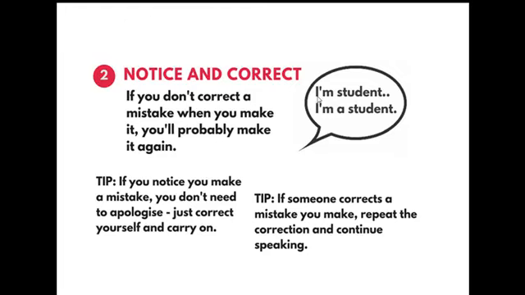A simple example can be, if you have said "I'm student," which is grammatically wrong, you could say "I'm a student." Okay? So, tip is, if you notice you make a mistake, you don't need to apologize. What you can do is just correct yourself and carry on with the conversation. Okay? But correcting yourself is really important, students.